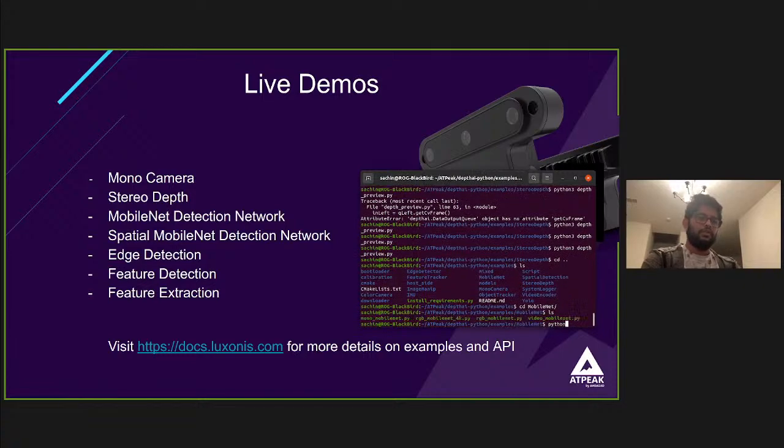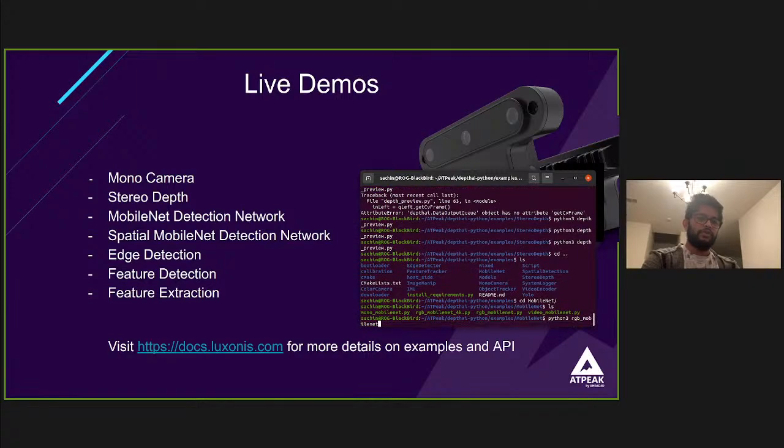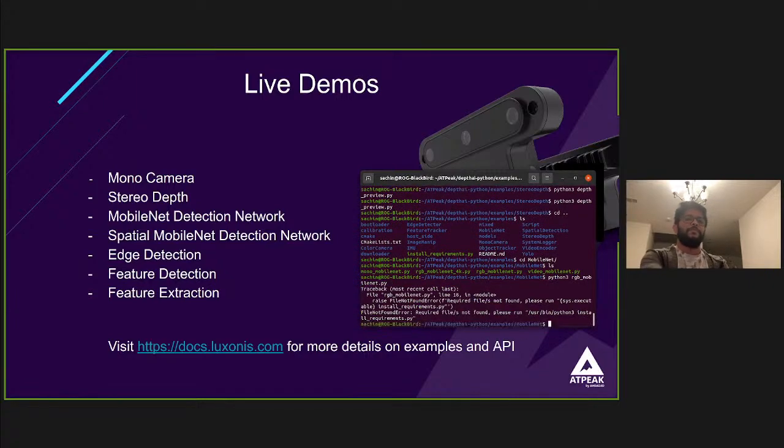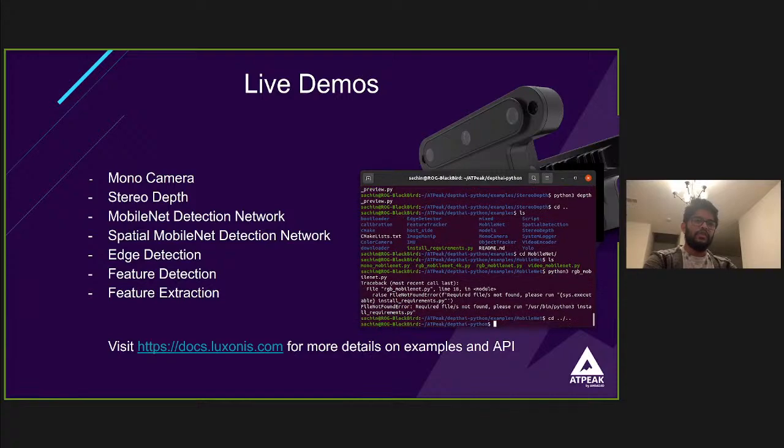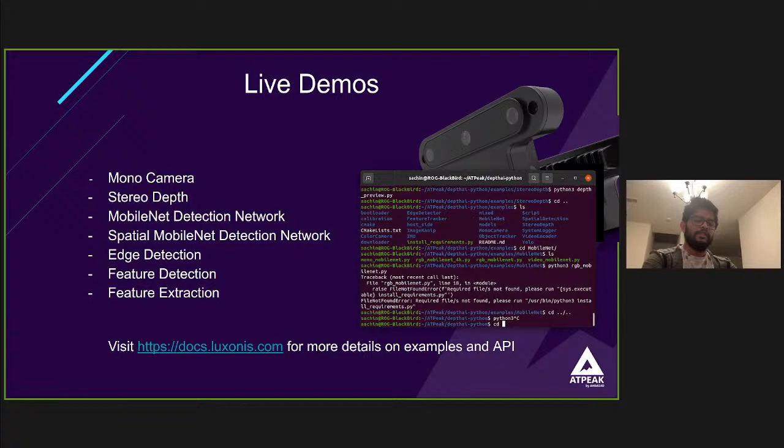Let's run this on the RGB camera one. So when you come to the DepthAI Python, I need to run the installation, because when I run this, it will also download the models that are required here.